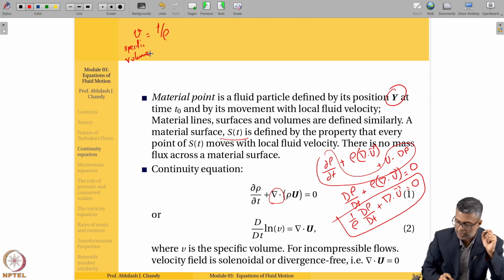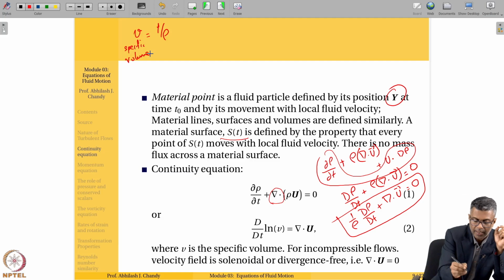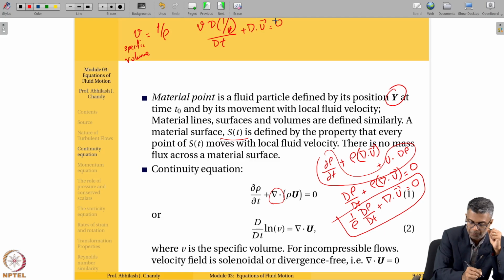I can substitute that into this equation, and then what I'll get is V d of 1 over V dt plus del dot u is equal to 0.